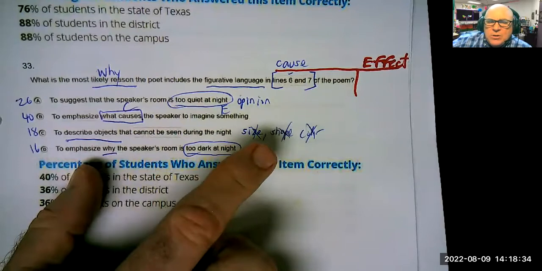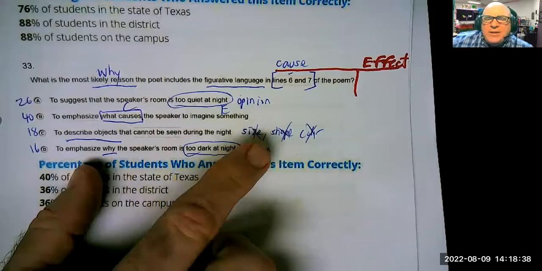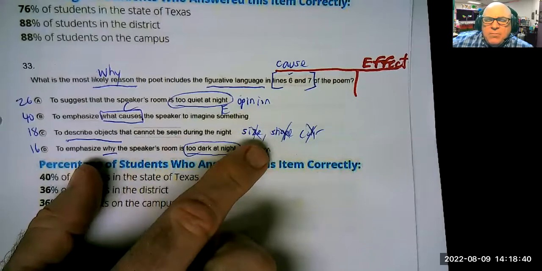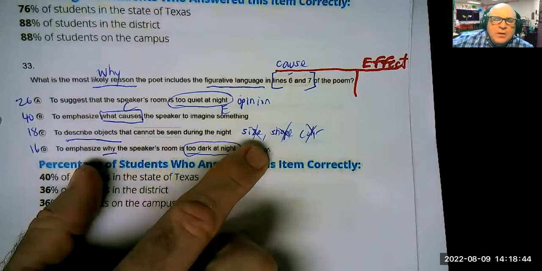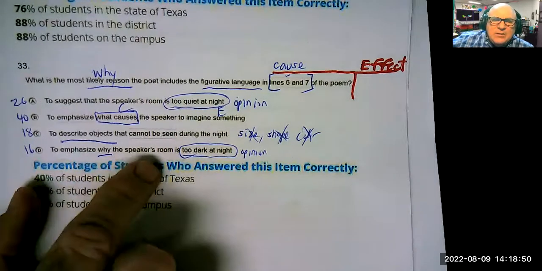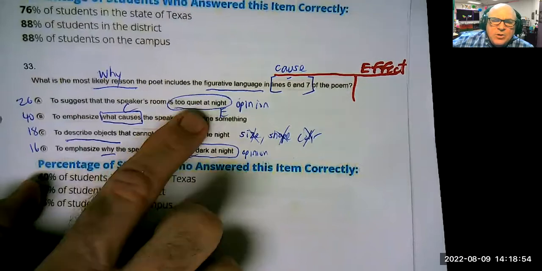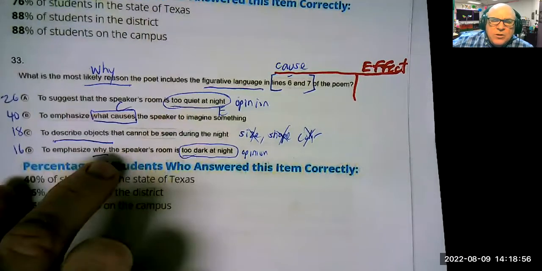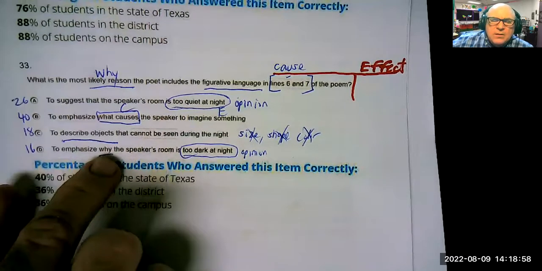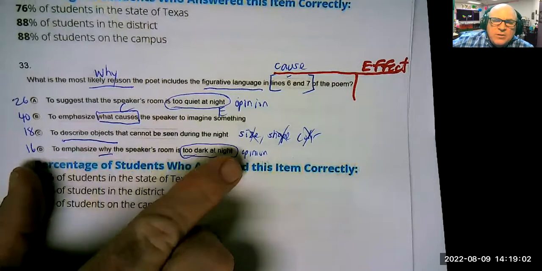Objects are mentioned, but not their description, not adjectives that describe how many or what shape or what size or what color. D was to emphasize why the speaker's room is too dark and quiet. So one, it says it is too dark and quiet, opinion. And the second one says why it's too dark and quiet. Okay. So it's also an opinion, but they focus on the reason.